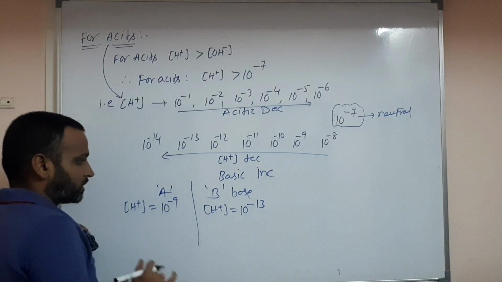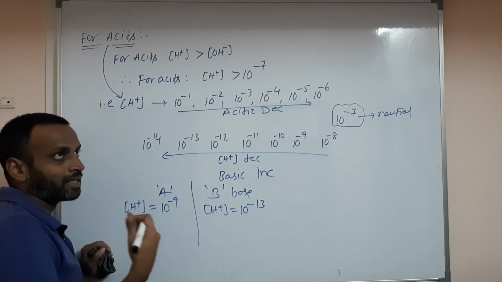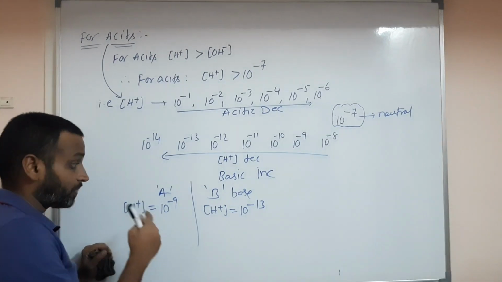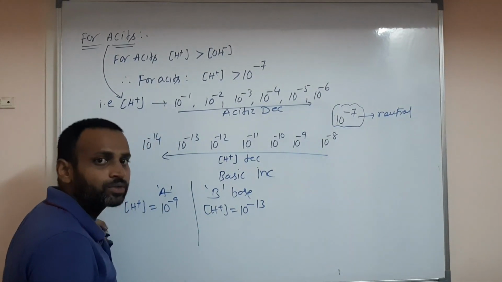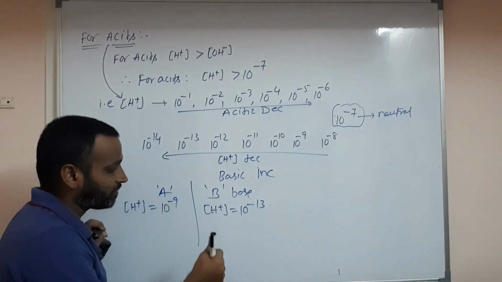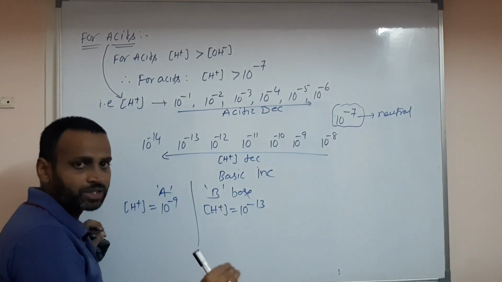The H plus concentrations are given like this, less than 10 power minus 7, which means they are basic. Now, who is the strong base? The one having very little H plus concentration is the strong base.